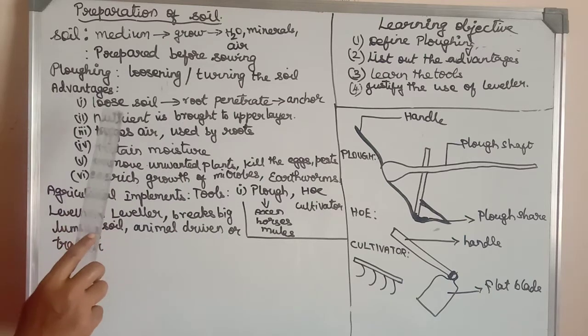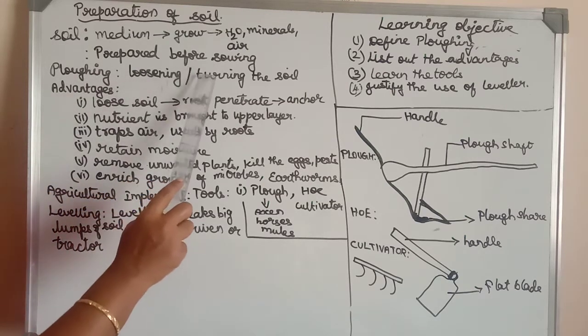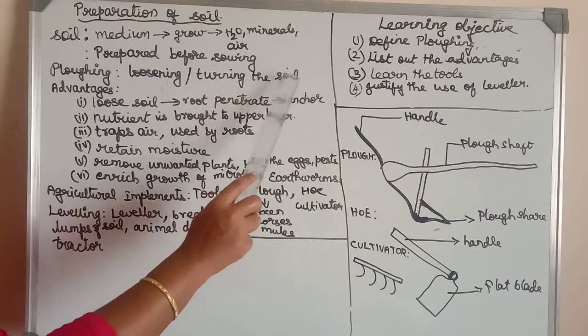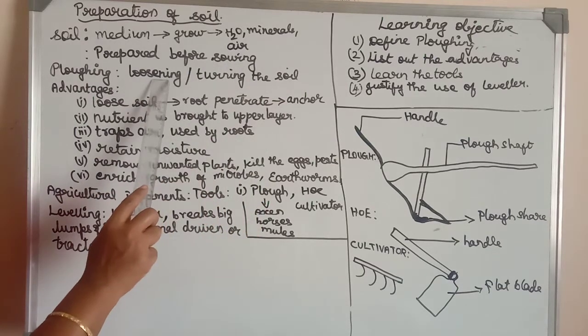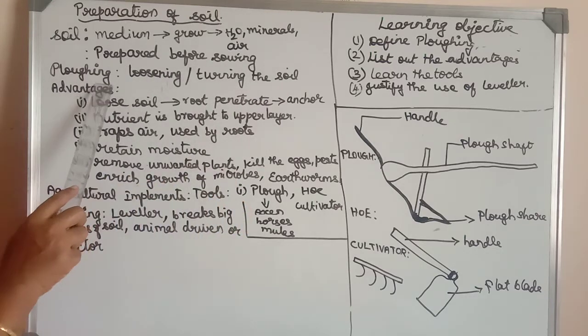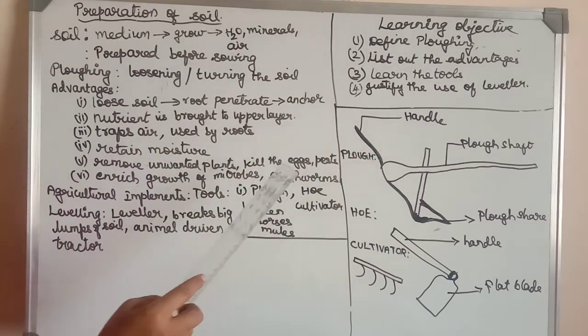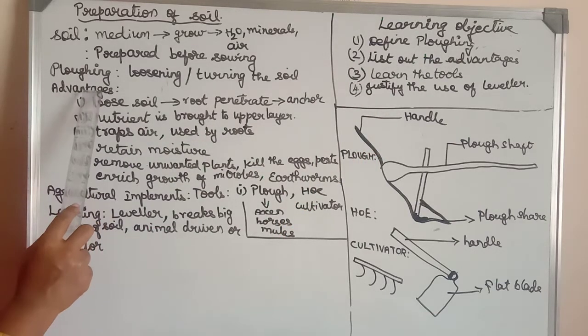Now, technically, the ploughing process is the process of loosening or turning the soil. The process of loosening and turning the soil is called ploughing. Now, you are thorough with the definition. Let me repeat once again.